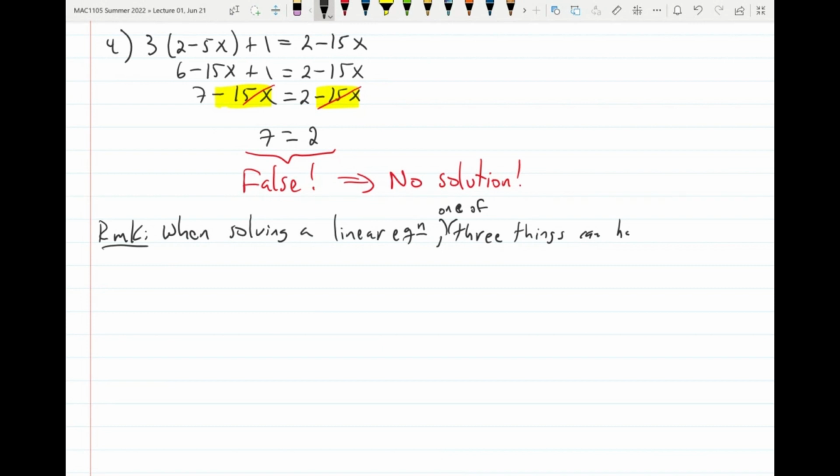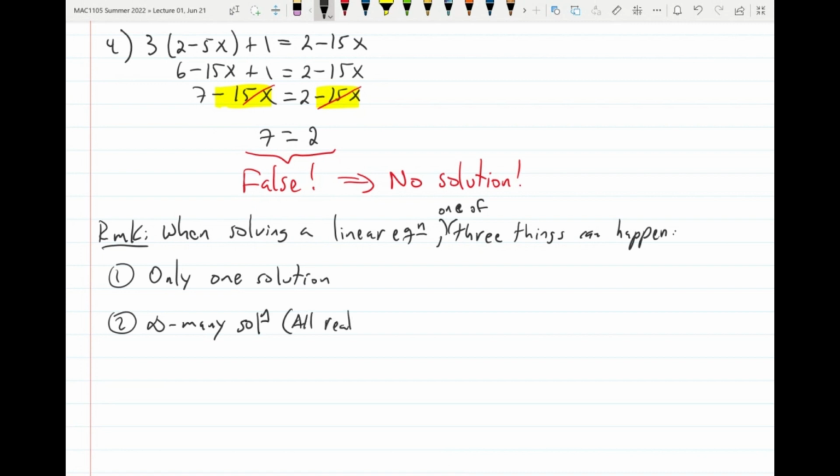First is only one solution. Or infinitely many solutions, in other words, all real numbers. Or the other possibility is that we have no solution whatsoever.